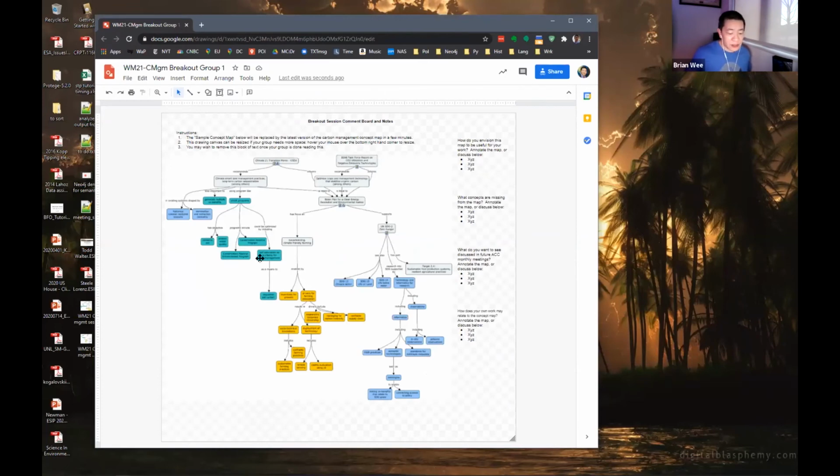There are 6 breakout documents. What Susan will help us do next is to break us all up into 6 different groups. Once you get into your breakout group, pick your document. There are 4 questions on the right-hand side. For lack of time, I won't read out the questions to you, but pick one question to work on.